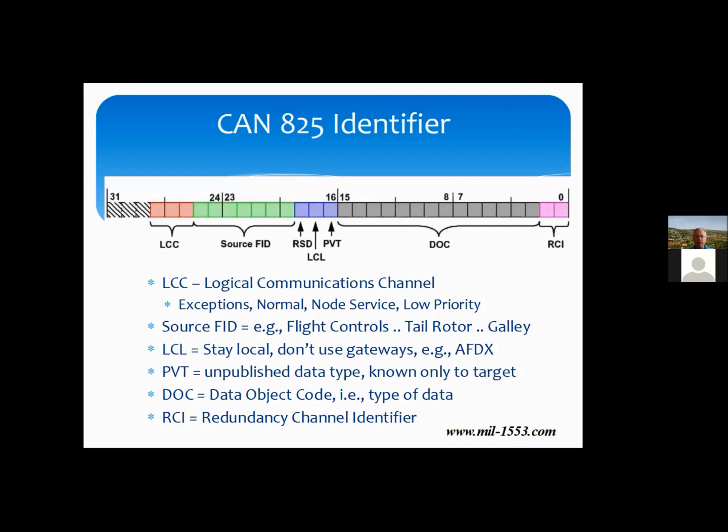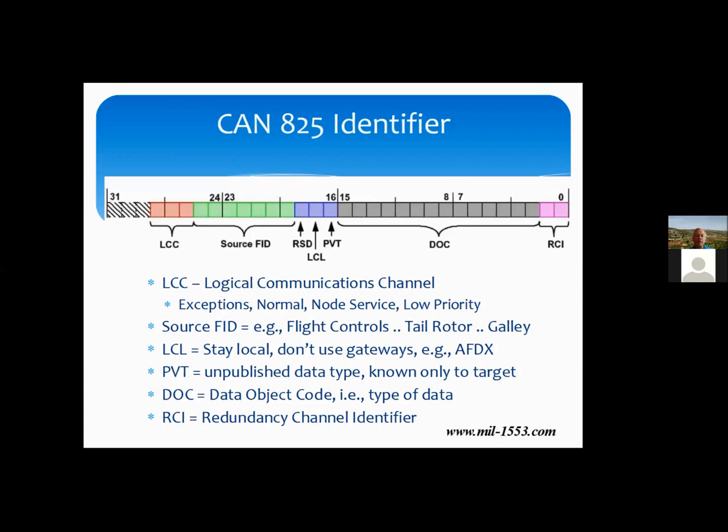The other fields are mostly used for the normal channel. So the next field is the source FID. Source FID is the name of the box that is sending this data. Flight control is an example, tail rotor, galley. These are examples of where the data is coming from.